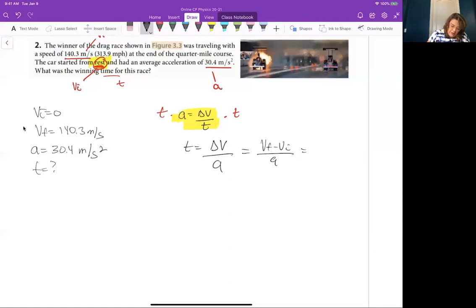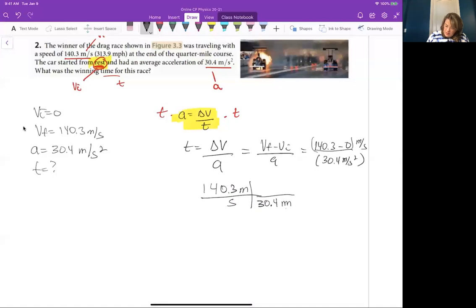So V final is 140.3 minus 0, and that's in units of meters per second, divided by 30.4 meters per second squared. Now let's look at our units. So I have 140.3 meters per second divided by 30.4 meters per second squared.